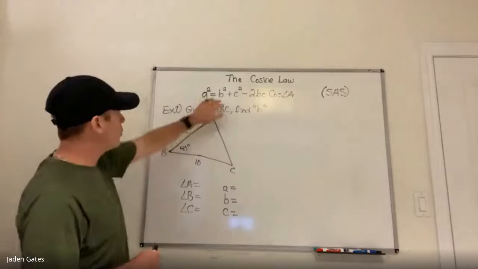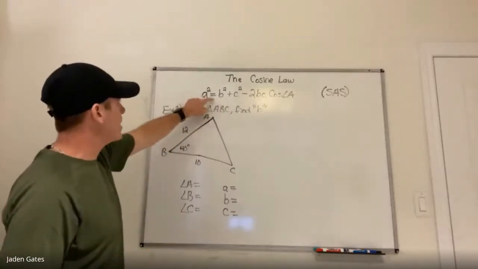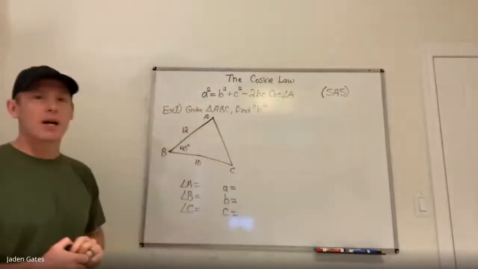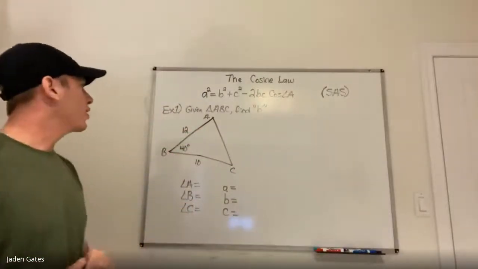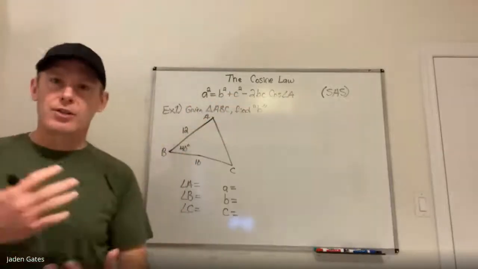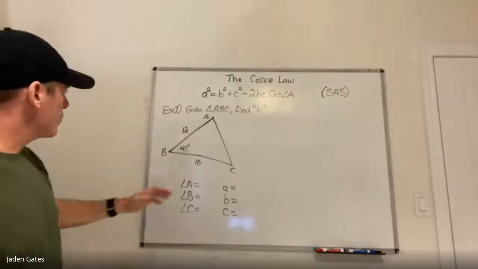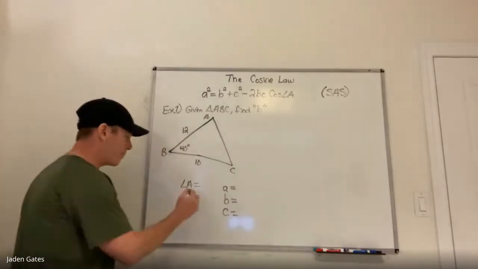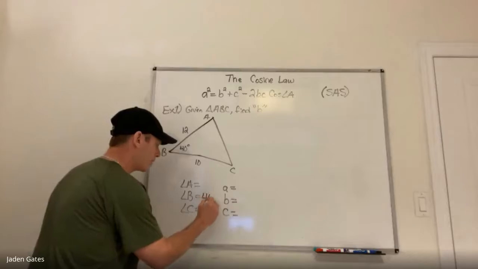Now, our cosine law, again, is a squared equals b squared plus c squared minus 2bc times the cosine of angle A. Now, again, the A's, the B's, and the C's are just like the sine law. So in this case here, when I look at my angle here, that's angle B, and I have 40 degrees.